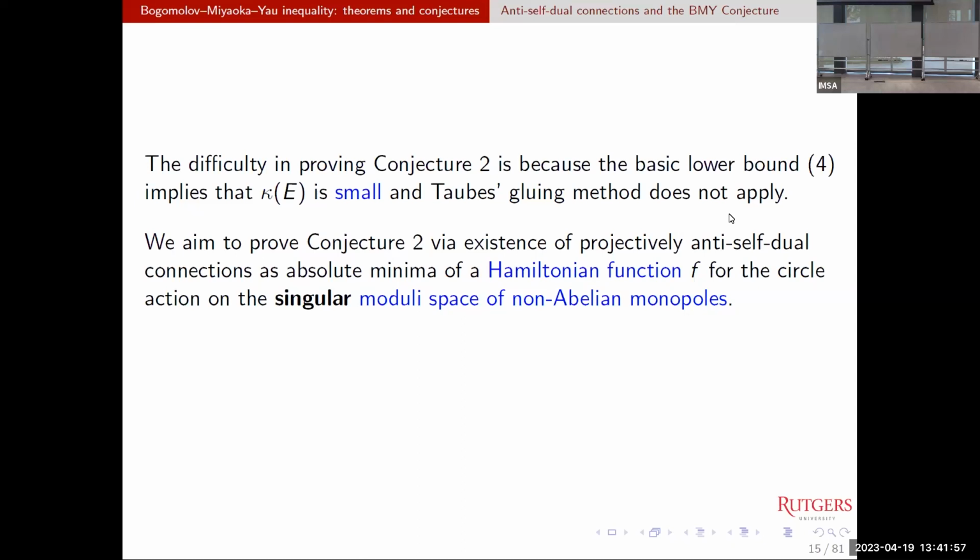So instead, the way that we're going to try to prove the existence of the connection is by doing Morse theory on a big model. If you remember from the 90s, you had proposed the moduli space of a big model.